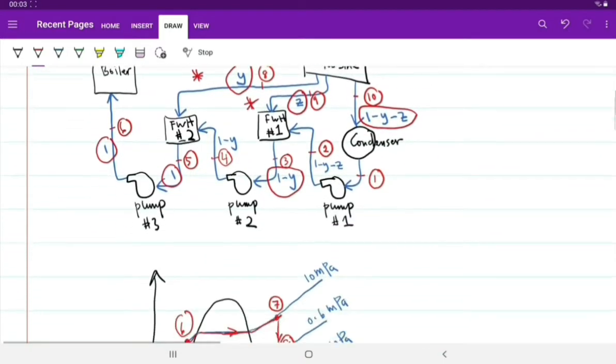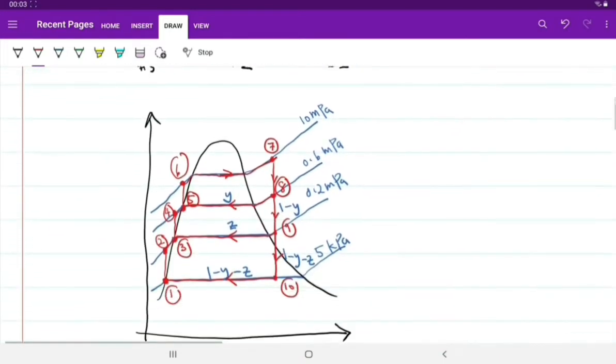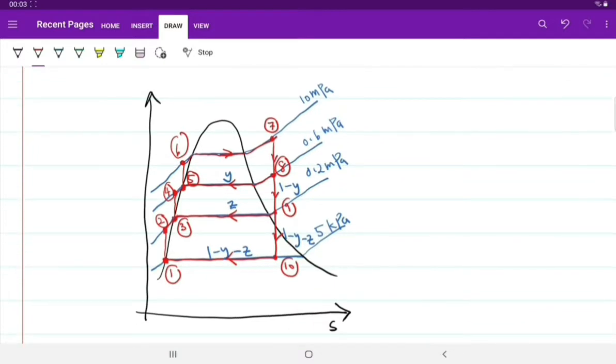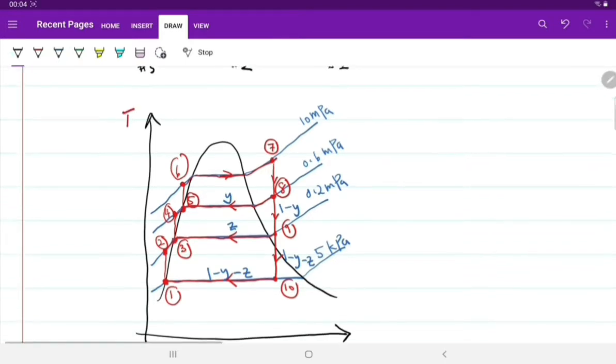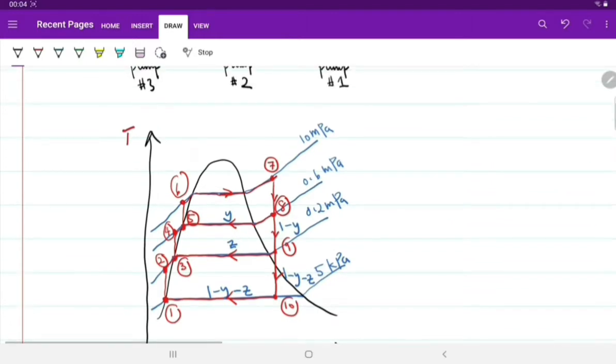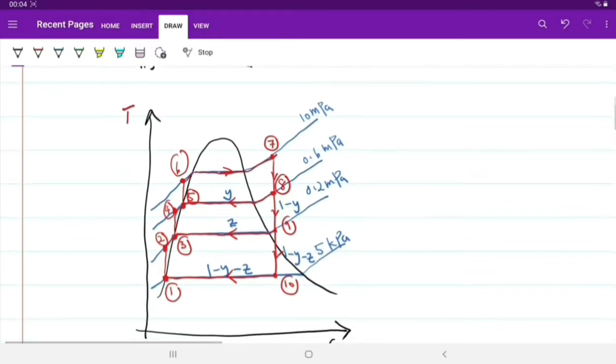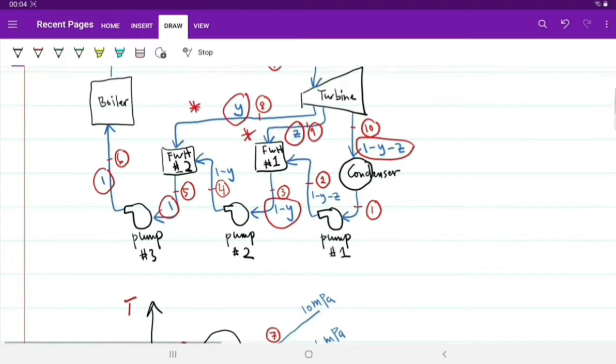Okay, and then how to sketch the TS diagram. This is our TS diagram. Okay, so we have two feed water heaters.